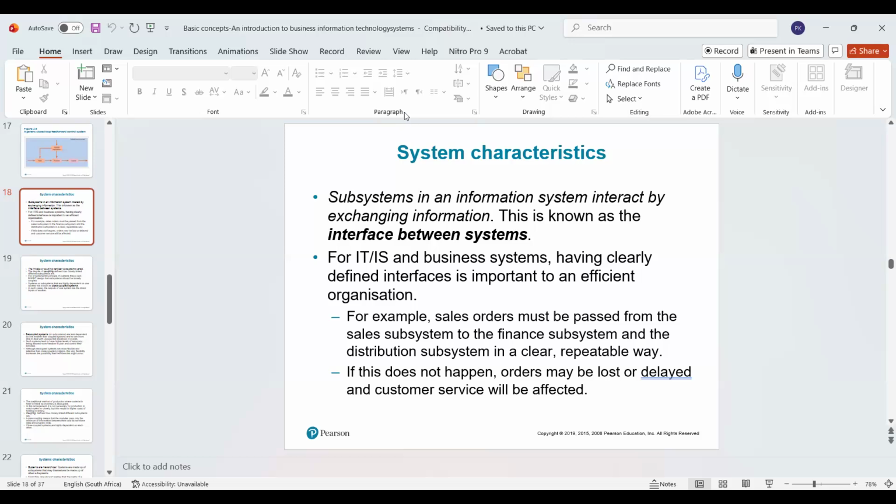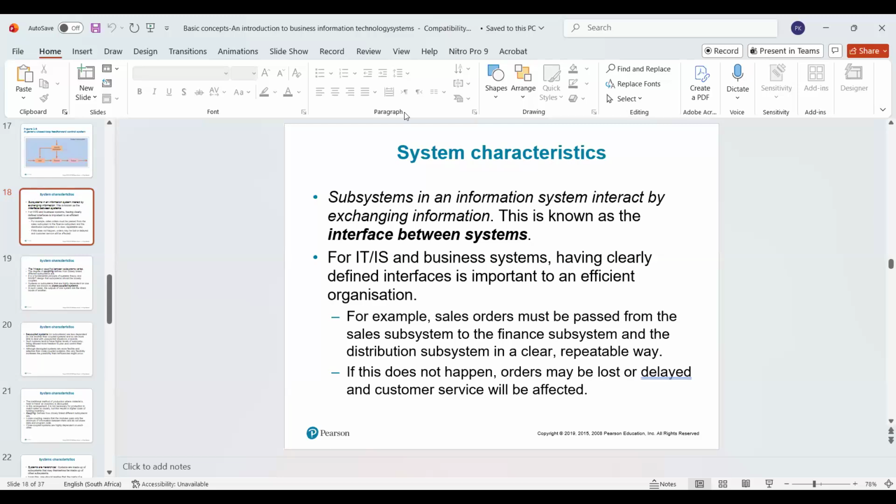So for information systems and business systems, having clearly defined interfaces is very important to the efficient operation of the organization or the business. So it is always very important that we have a defined interface, which is the exchange of information between the organization and its subsystems, right?